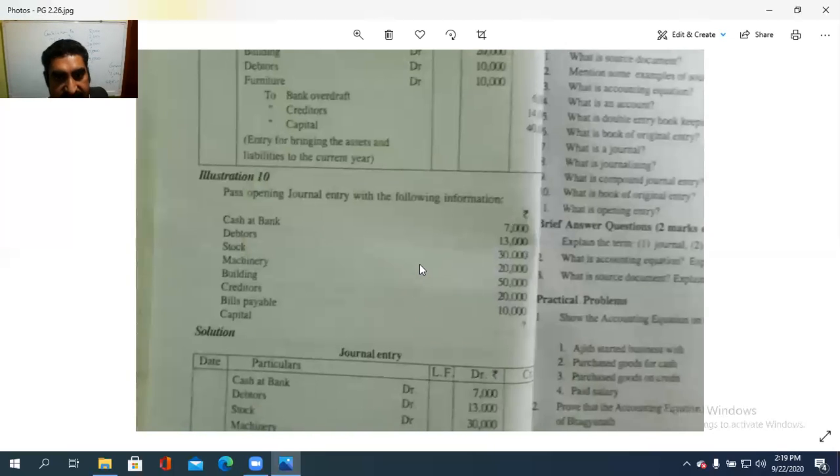And here we will discuss it. Cash at bank is to be debited, debtors is to be debited, stock is to be debited, machinery is to be debited, buildings is to be debited. Creditors are 20 and this one.